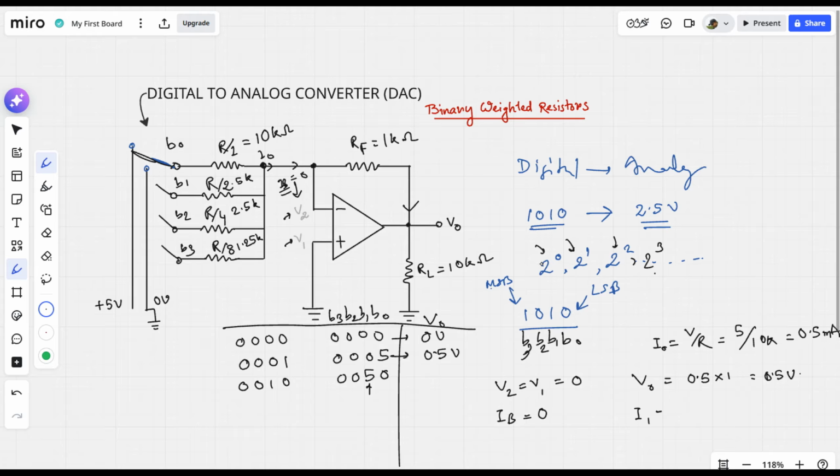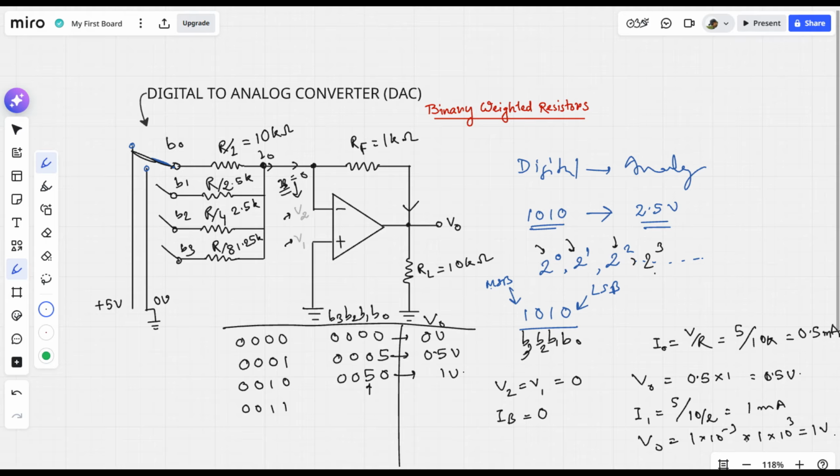For this, I1 will be, the voltage that appears here is 5 volt only, so 5 divided by, this time, R by 2, which means 10 by 2. So the value will be 1 milliampere. So V0 will be 1 into 10 to the power minus 3 multiplied by 1 into 10 to the power 3, so the value is 1 volt. So for this, we're going to get 1 volt, right?